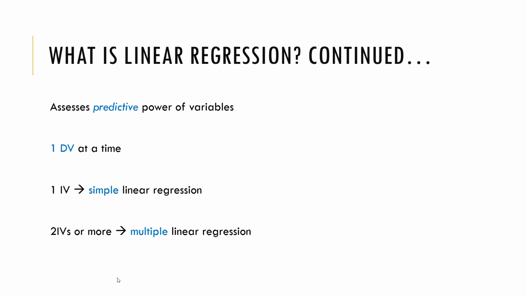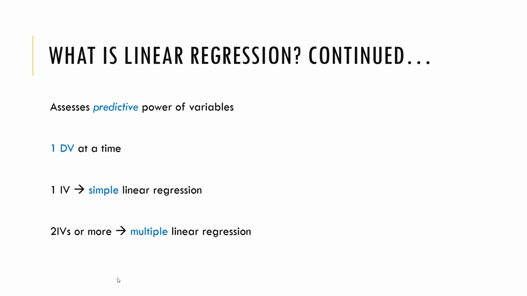And so on. The way that linear regression works is that it can look at one dependent variable at a time. And we already know that that dependent variable, because it's linear regression, has to be continuous. You can have different types of linear regression. So if you only have the one independent variable, then that would be called a simple linear regression.